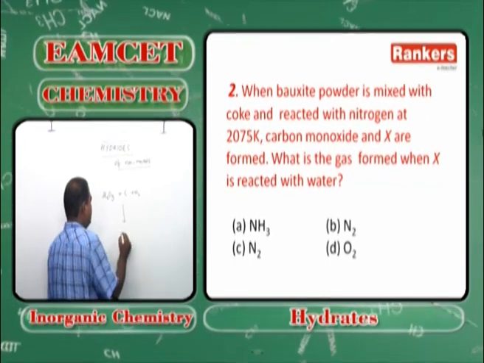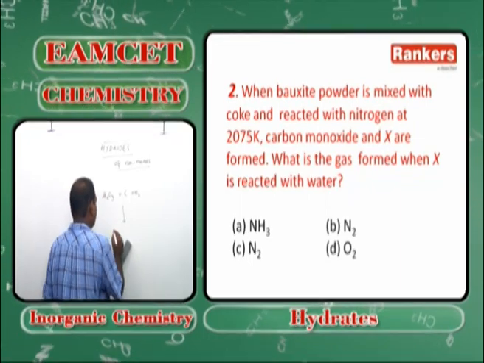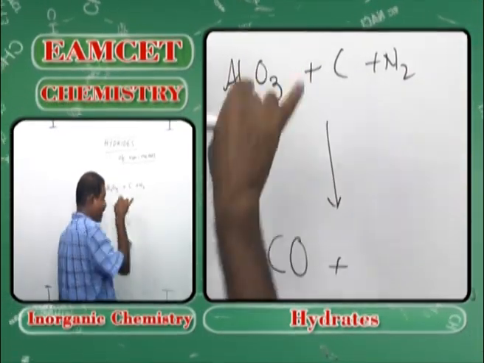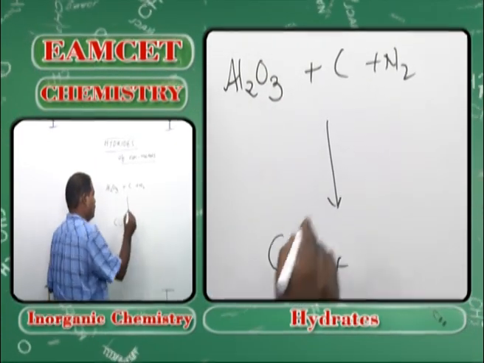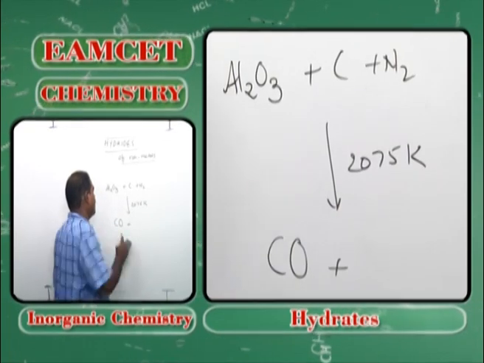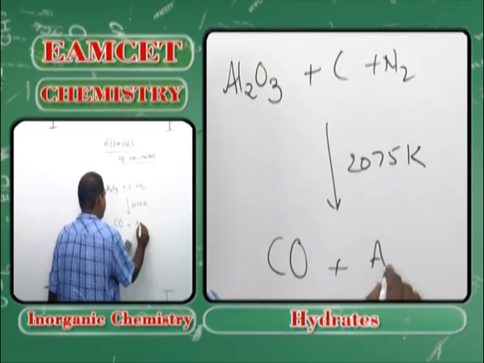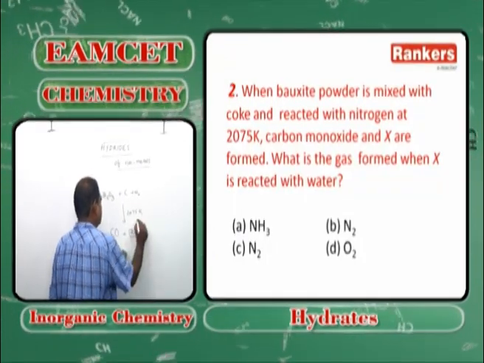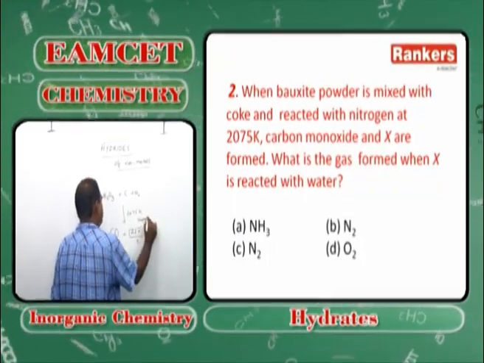Carbon monoxide and X are formed. At that very high temperature of 2075 Kelvin, aluminum reacts with nitrogen forming aluminum nitride. Therefore, this X is aluminum nitride, and this is the Serpek process.